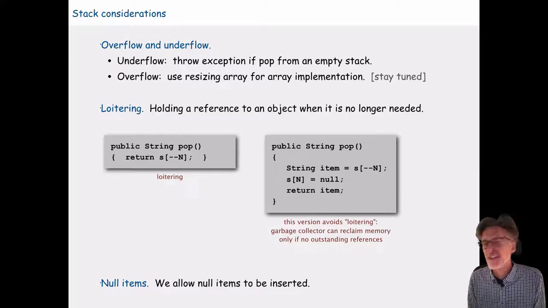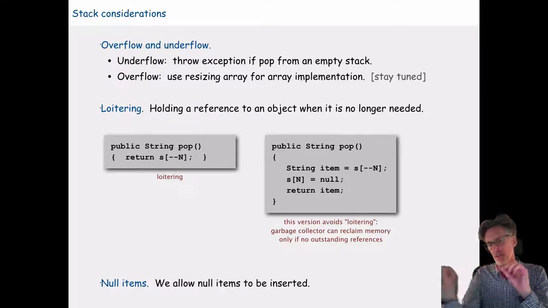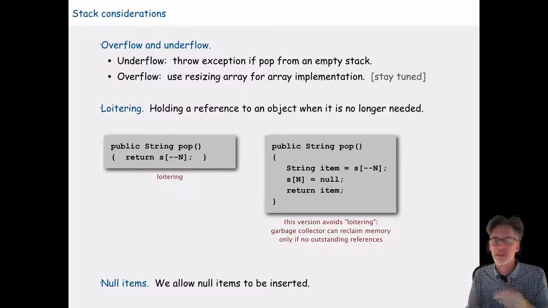Another thing is, with pop here just returning and decrementing, it's actually going to retain a reference to the object that is in the array. So if this is an array of objects, the garbage collector can keep that object alive, even though morally it's not really needed anymore.